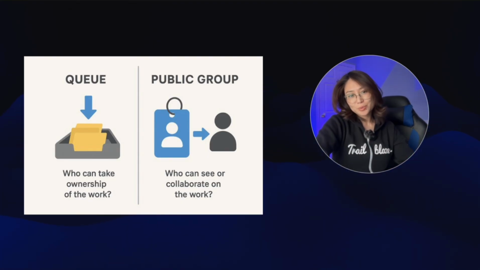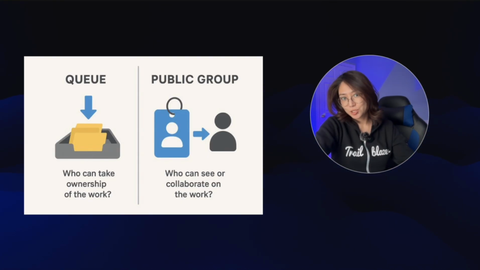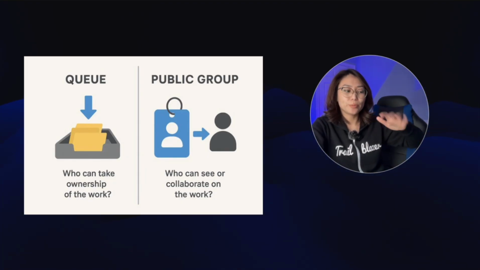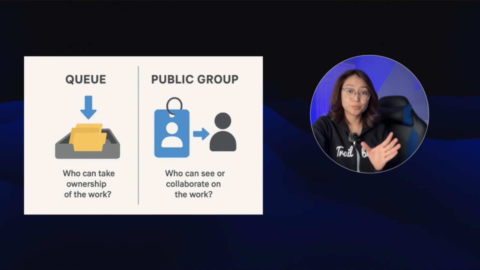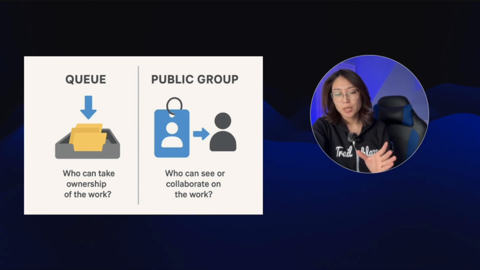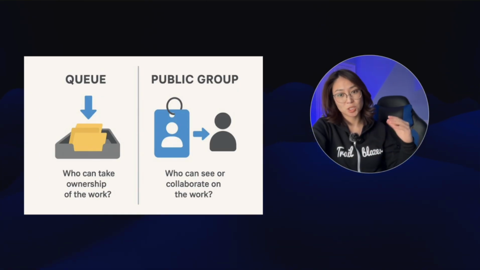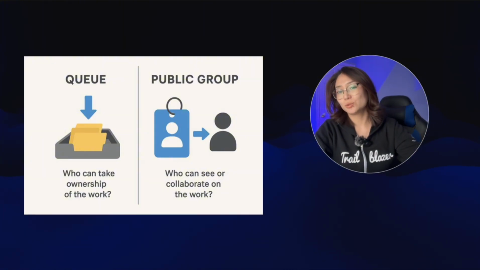They can also be used for email distribution. So when something happens, notifications or emails can go to a group instead of one person. The important idea here is this: public groups help you manage access at scale. They make your system easier to maintain.